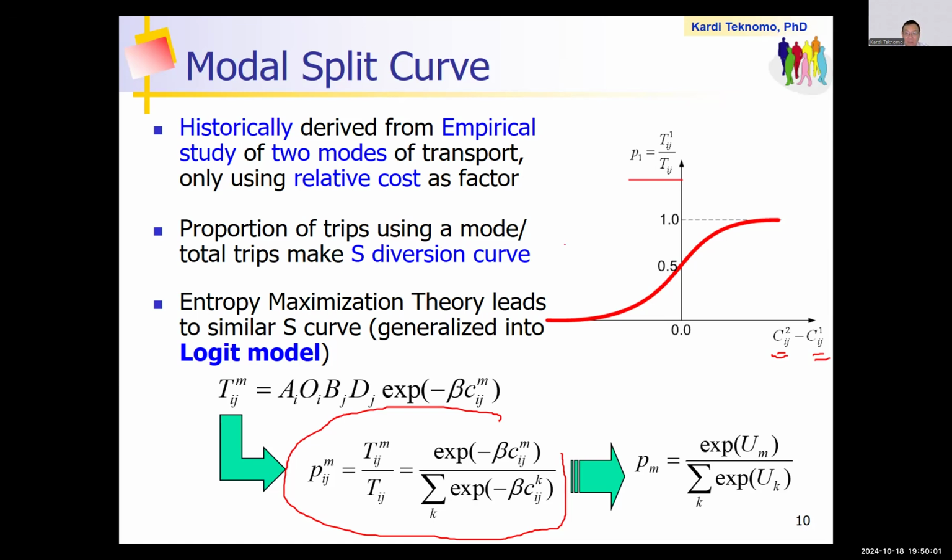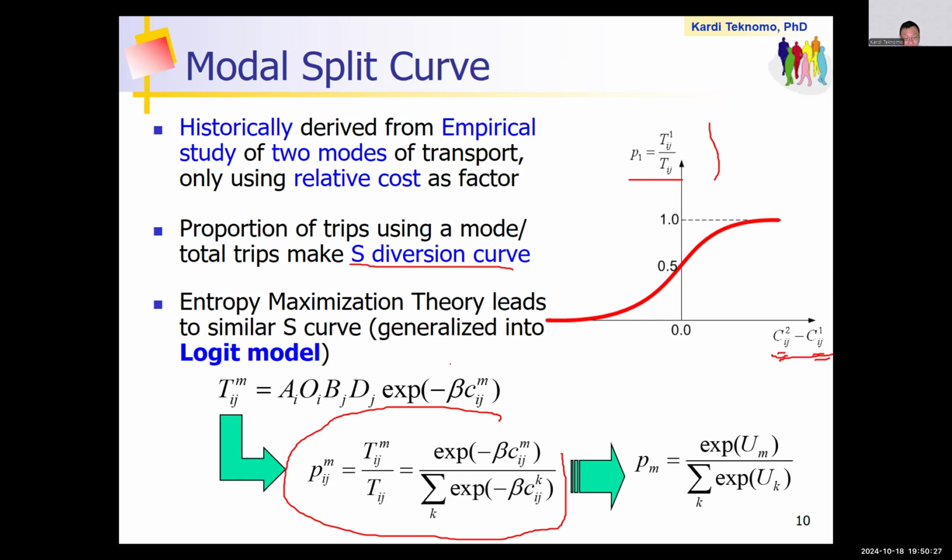So this S curve is called the diversion curve. This represents the proportion of the trips using the mode divided by the total trips, based on the relative cost ratio.